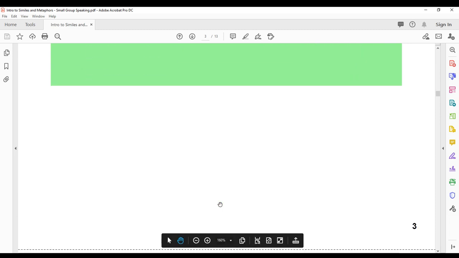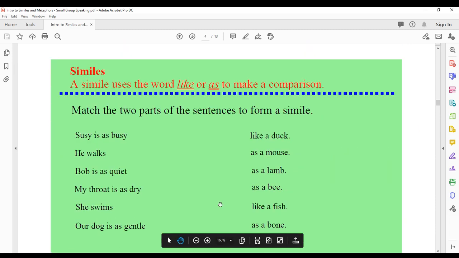Okay. In our small groups, we're going to make some more comparisons. But since we're doing this over video, let me just do this real quickly. Here are some other examples. Similes use words like or as to compare, and I might say Susie is as busy as a bee, or he walks like a duck, if I want to describe someone whose walk is not very smooth. Bob is as quiet as a mouse.